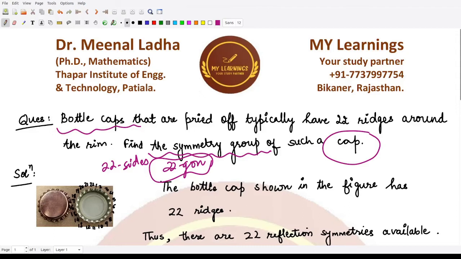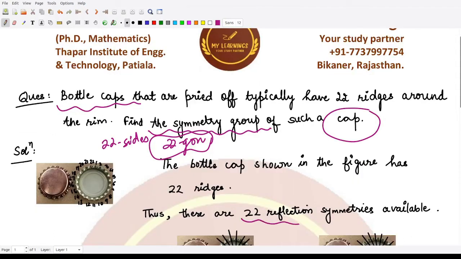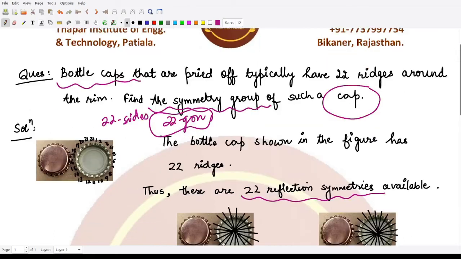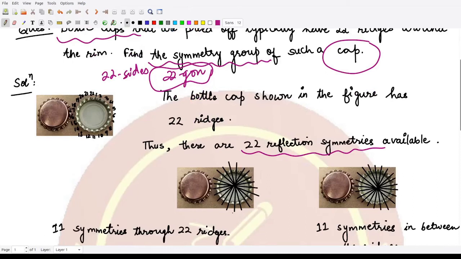There would be 22 reflection symmetries available for this particular group. How? 11 would be the ones passing through these darker edges. It will cross the opposite darker edge. So there are 11 such lines.